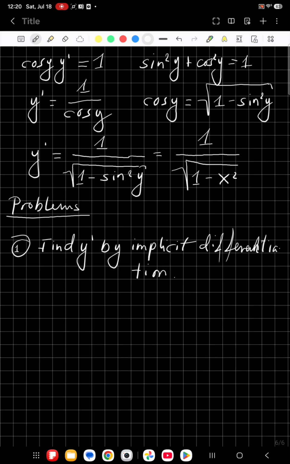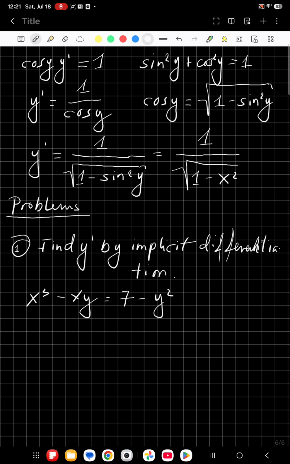The first example looks like this: x cubed minus xy equals 7 minus y squared.